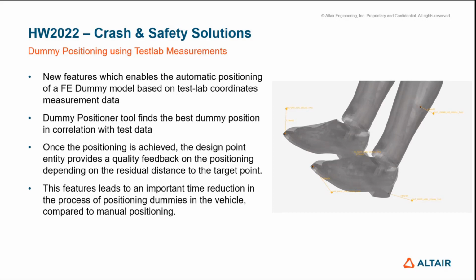And in your simulation, you want, of course, to have exactly, or at least as much as possible, the position of your FE model which correlates to the position of the dummy in the test.